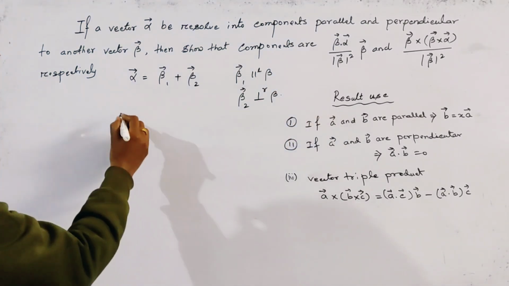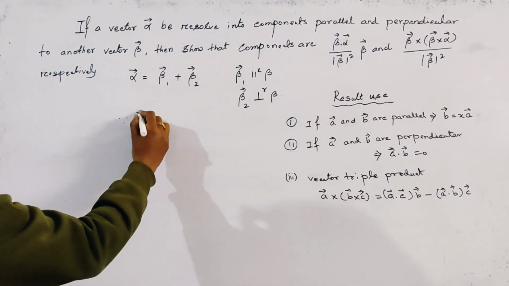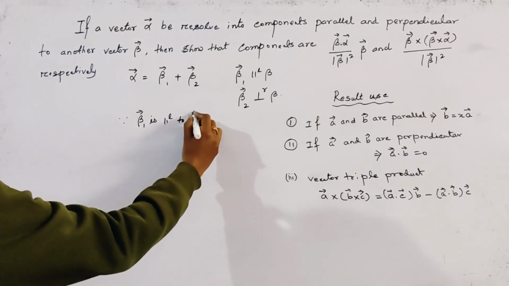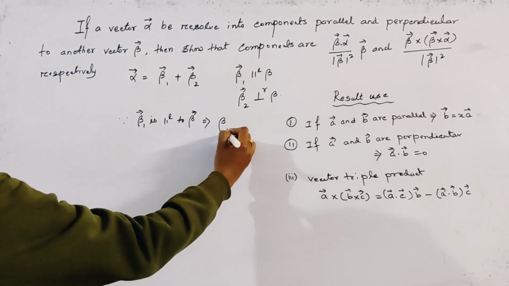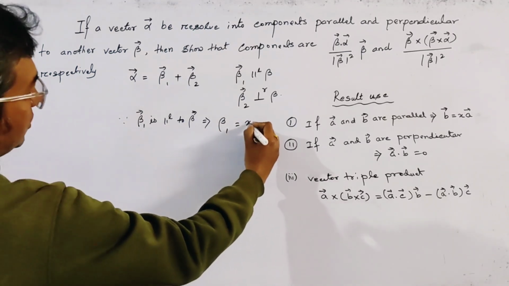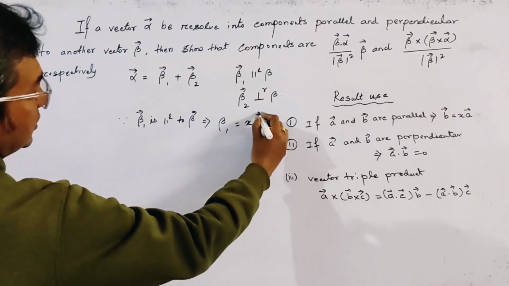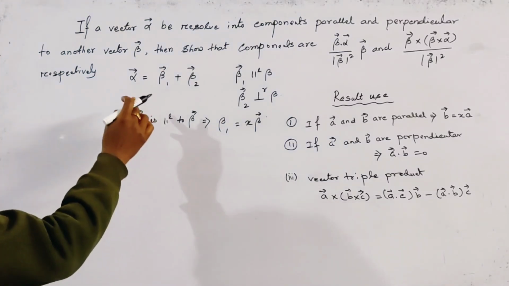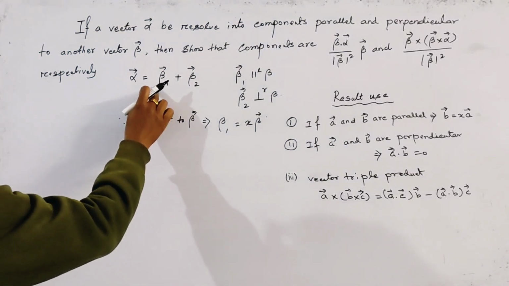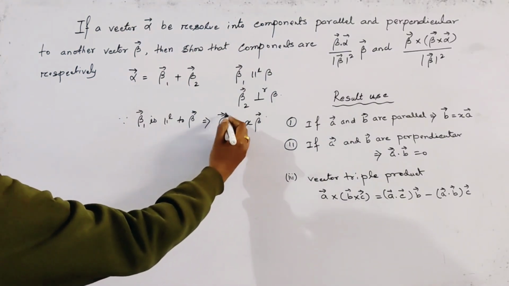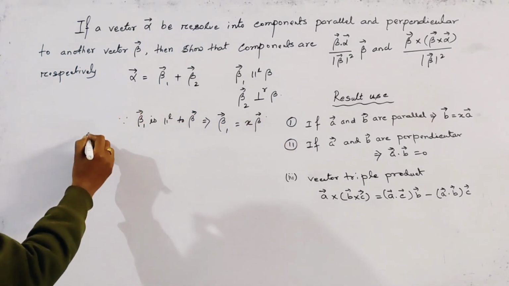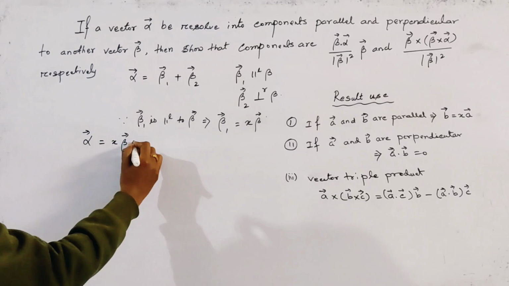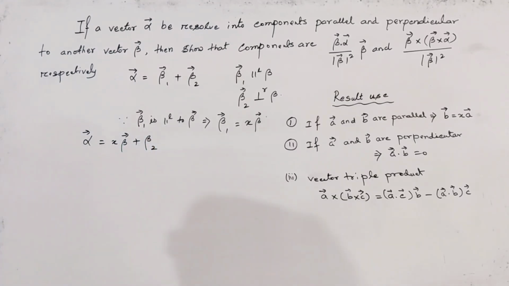Since beta 1 is parallel to beta, we can write beta 1 equals x times beta, using the first property. Then we get alpha equals x times beta plus beta 2.